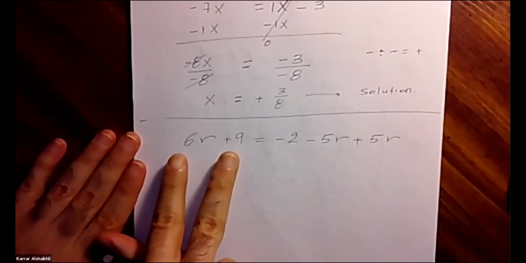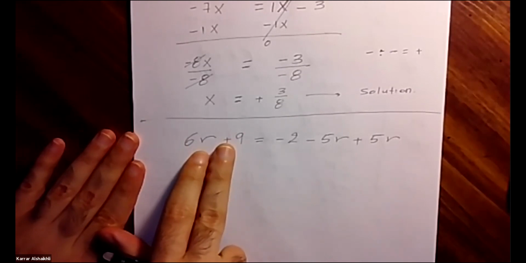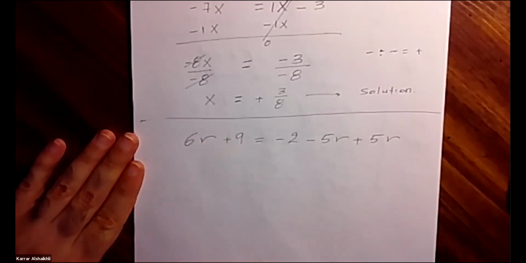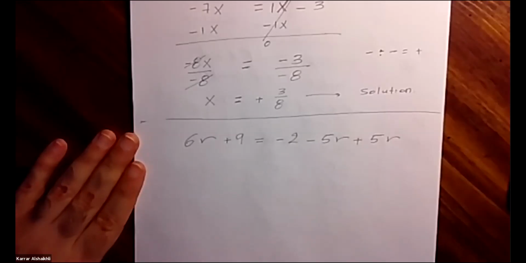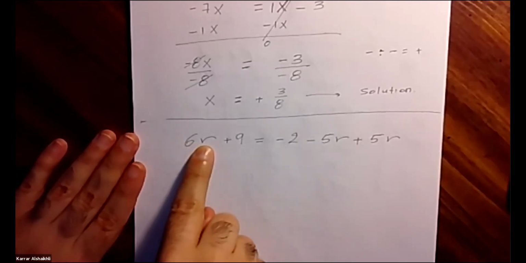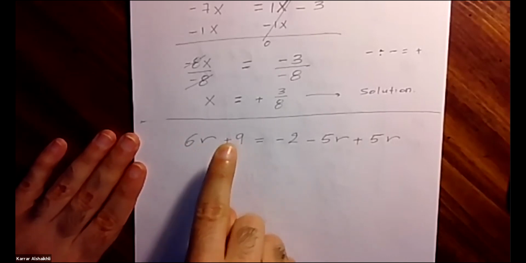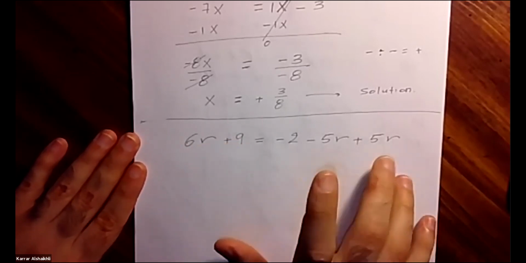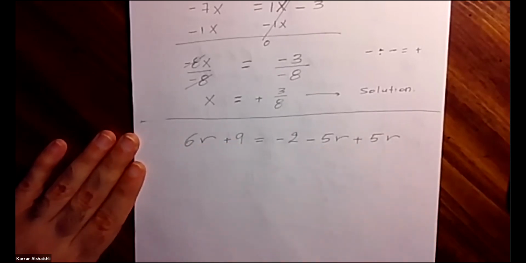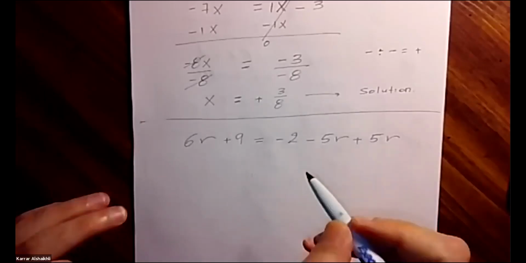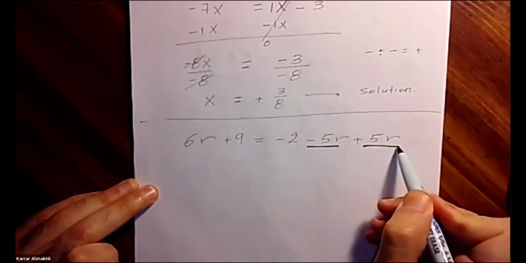I'm going to ask you, are these like terms? Yes or no? No, because this is a number with a variable, this is a number by itself. Tell me on the right side, do we have like terms? Yes, exactly the same thing here.